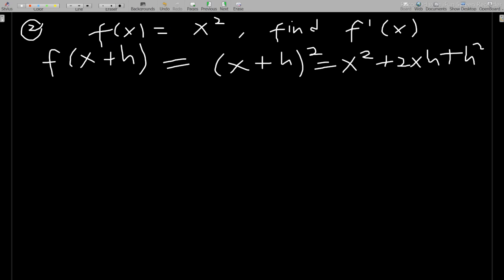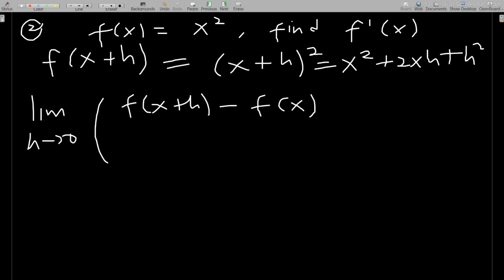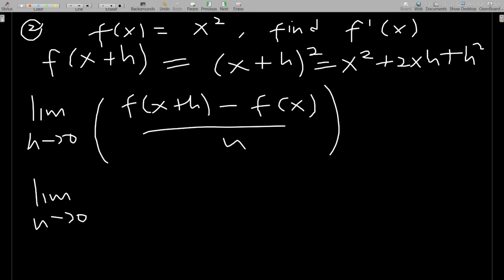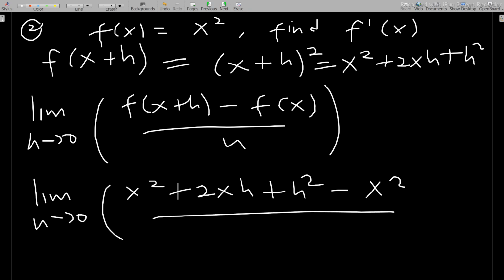So with this, all I need to do is find the limit as h approaches 0 of f of x plus h minus f of x all over h. So the limit as h approaches 0 of f of x plus h is x squared plus 2xh plus h squared, minus f of x, which is x squared, all over h.